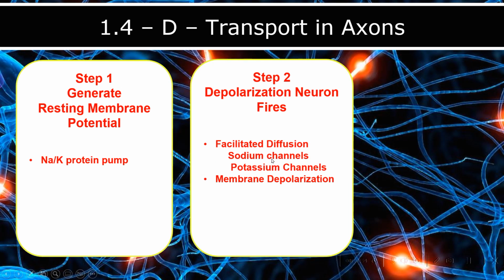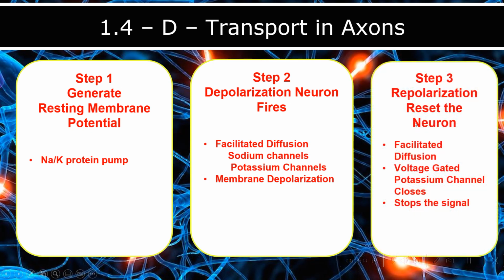Facilitated diffusion is the passive transport of both sodium and potassium through channels, which is going to depolarize the membrane. And then when that neuron needs to reset, it's going to repolarize, which again involves facilitated diffusion, as well as a voltage-gated potassium channel. That's going to stop the firing of the neuron, and the whole process will repeat itself.